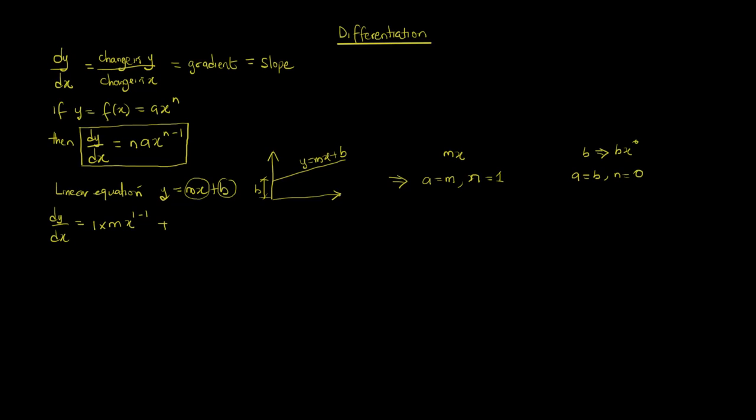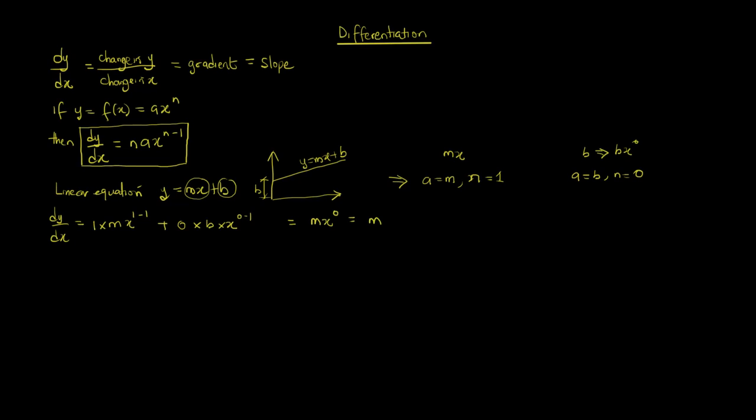Applying the formula we have above, my n is 0 times my a, which is b, times my x raised to the power n, which in this case is 0 minus 1. Of course, 0 times anything gives you 0. So that means I'm going to be getting my m times x raised to the power 0, which of course is going to give me my m.